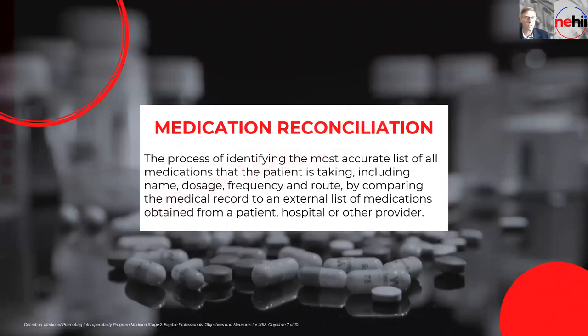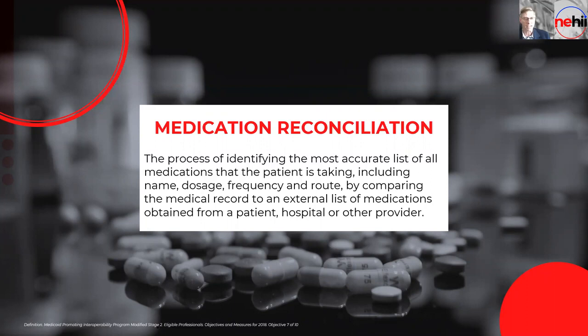This medication reconciliation is required by CMS, the federal government, for hospitals and other facilities to have a complete and accurate list of all medications that the patient is on. Now, oftentimes, your hospital system does have some pretty good information, but you know what I'm talking about when I say that the information is not complete.